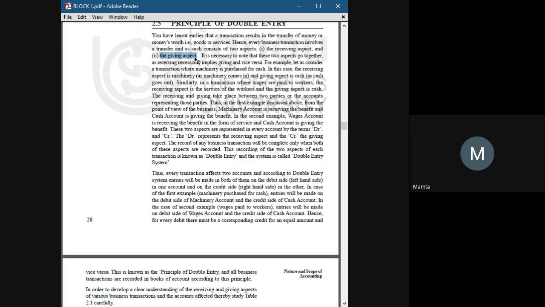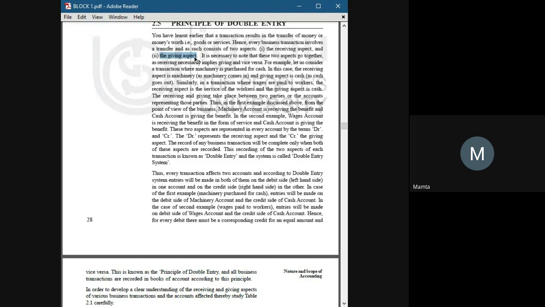When you do sales, you reduce goods from your stock and you increase the cash or bank account. One thing you are giving and another you are receiving. It is as simple as that. Every transaction in business has dual effect. Minimum two effects are there, maximum can be three or four.